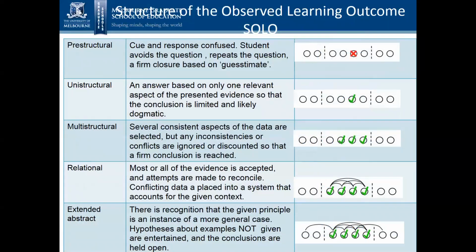Many factors, either intrinsic to the learner, such as the student's developmental stage, their attitude or motivation towards the task, and factors outside the learner's control, such as the instruction they were given on a task, might impact their response. However, when using SOLO, the focus is purely on the student response presented at a given time, the actual evidence that you have before you. This is a distinction between the generalised cognitive structure of the individual and the structure of the actual response, which could be impacted by many factors.